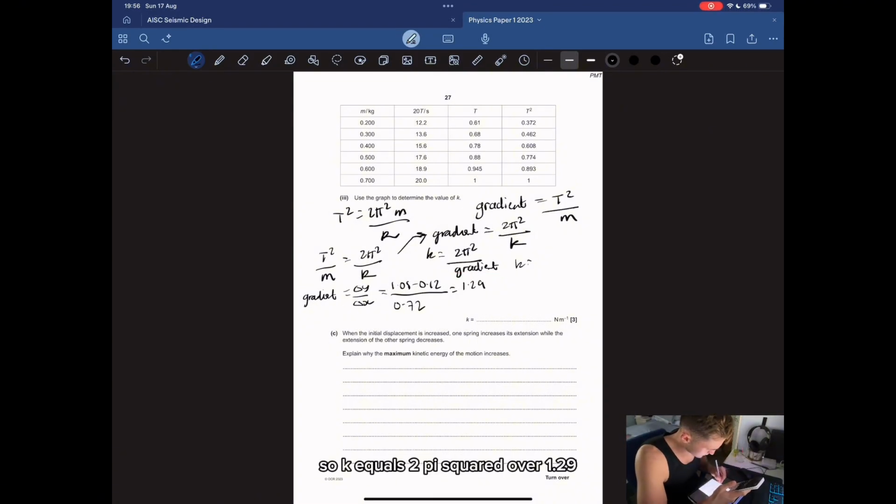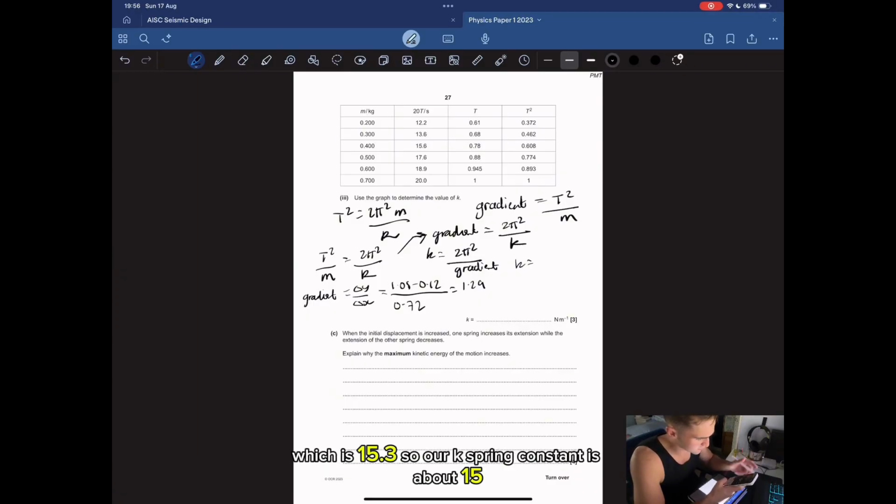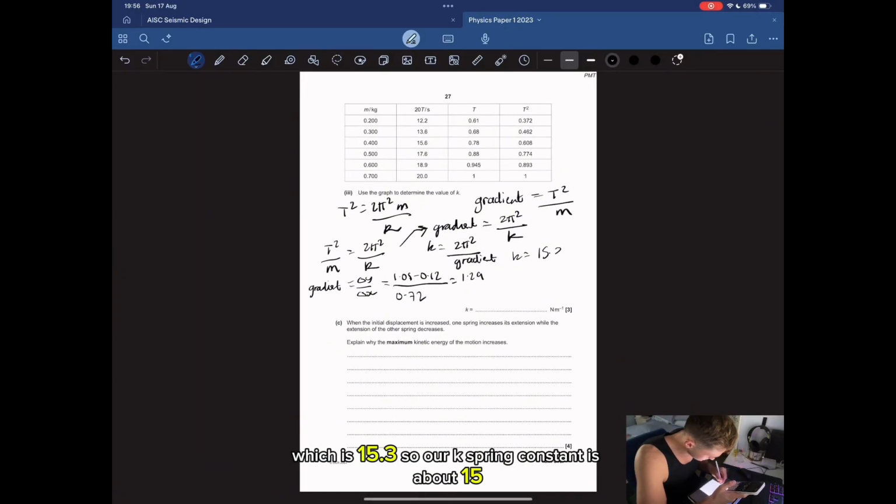So k equals 2 pi squared over 1.29, which is 15.3. So our spring constant is about 15.